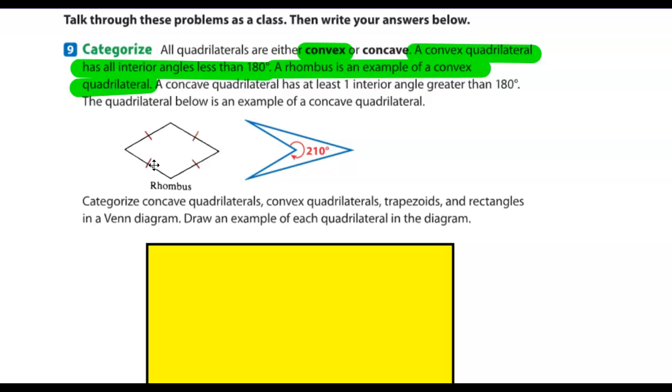Now, one thing that so far has not been mentioned in this unit at all that I'm a little concerned about, you all know how I teach and what I do. We have acute angles, which are your angles that are less than 90 degrees. You have a right angle, which is like the edge of a square, which is exactly 90 degrees.